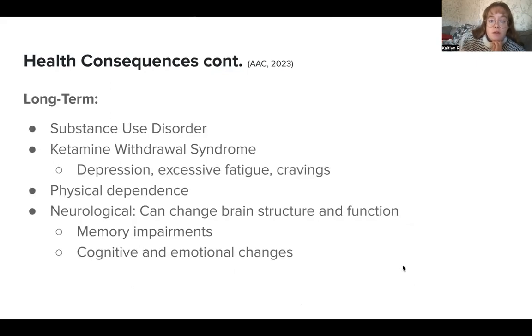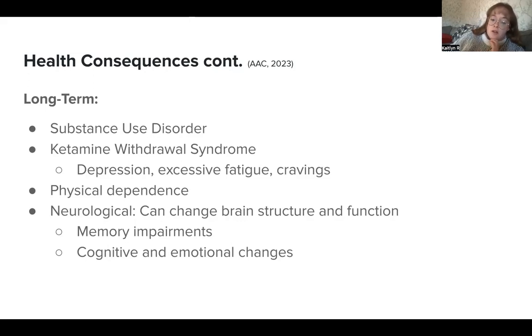Some more health consequences, but at the long term, it can cause a substance use disorder, so ketamine use disorder. It can also cause ketamine withdrawal syndrome, which includes symptoms of depression, excessive fatigue, and cravings. It can also cause the person to develop a physical dependence on the drug.